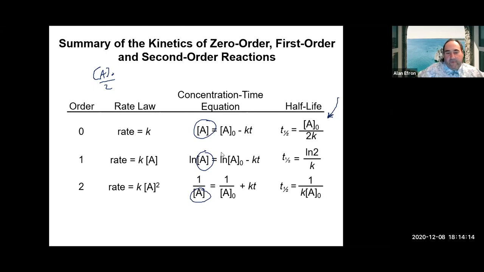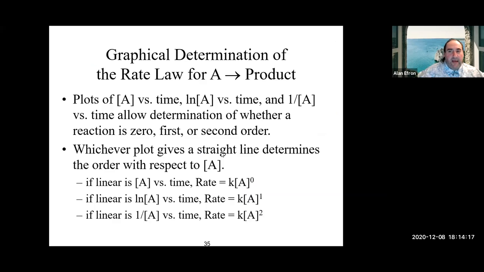As was mentioned before, since these each have a specific graph associated with them, this is a very common way, experimentally, that you can determine the order of a reaction. You do a whole bunch of concentration versus time data in an experiment, and you do all three graphs: the first order graph, the second order graph, and the 0 order graph.